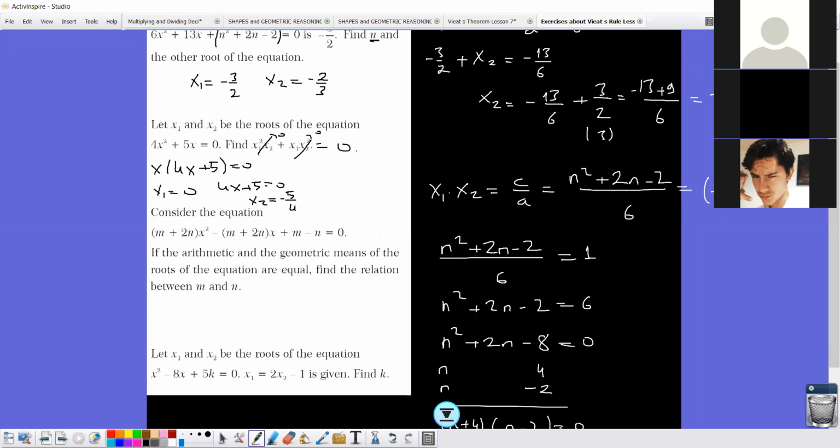Okay. Did you check the next question? If the arithmetic and geometric mean of the roots of the equation are equal, find the relation between m and n. You know what is arithmetic and geometric mean?